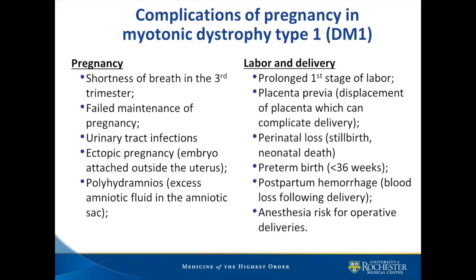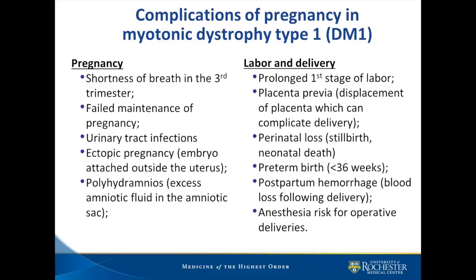There are also problems in failing to maintain their pregnancy in myotonic dystrophy, increased urinary tract infections, ectopic pregnancies, and polyhydramnios. It is true that women who have polyhydramnios sometimes will have an increased likelihood of congenital myotonic dystrophy in their infant, but that's not a certainty.